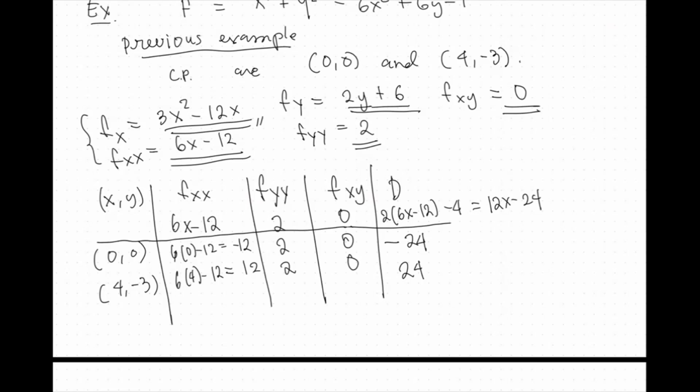Let me write that out. Here we get 12 times 0 minus 24, so you get negative 24. Here we get 12 times 4 minus 24, so we get positive 24.